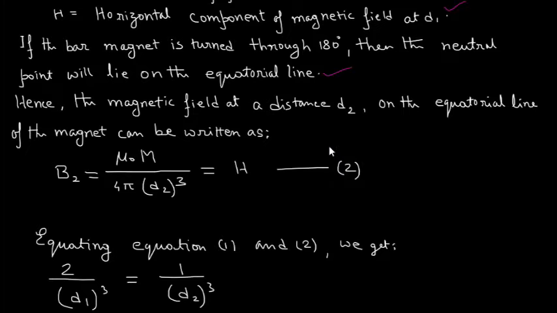Hence the magnetic field at distance d2 on the equatorial line of the magnet can be written as B2 is equal to mu naught m upon 4 pi d2 whole cube is equal to H. This is equation number 2. Equating equation 1 and equation 2, we get 2 upon d1 whole cube is equal to 1 upon d2 whole cube.